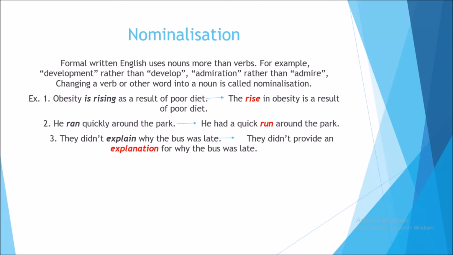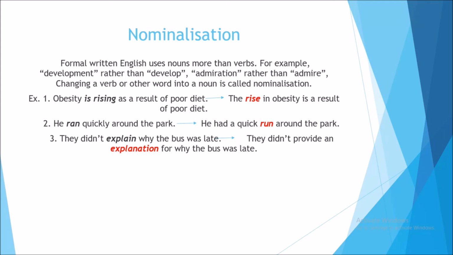The formal written English uses nouns more often than verbs. For example, development rather than develop. Admiration rather than admire. So changing a verb or other word into a noun is called nominalization.